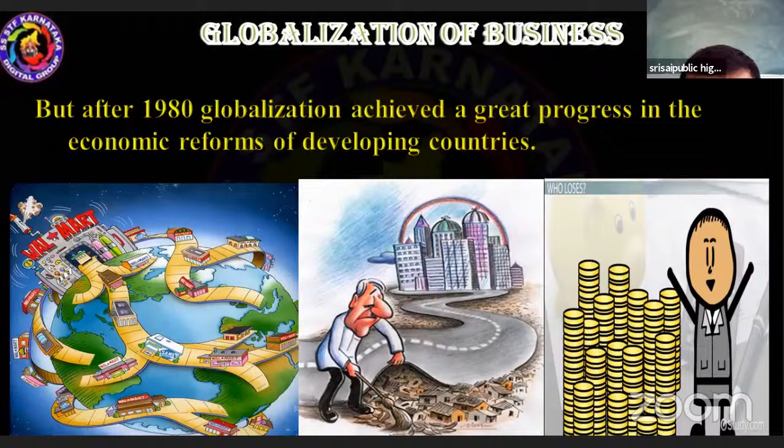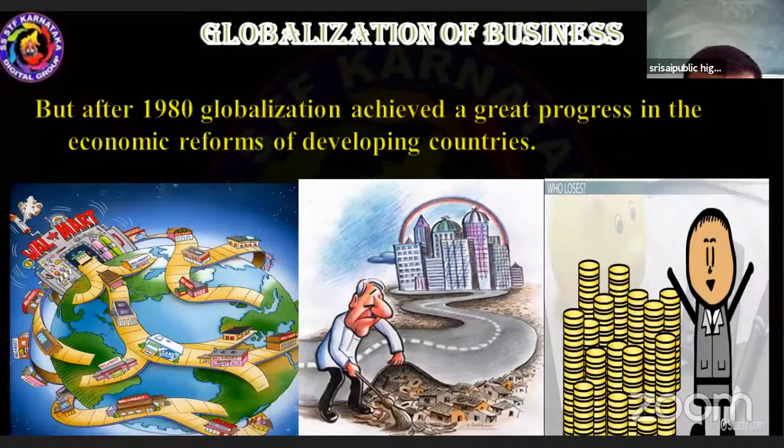These are the pictures which tell us about globalization. Walmart is a kind of supermarket. Recently in India, more supermarkets have opened. It is a multinational company, I think belonging to America.